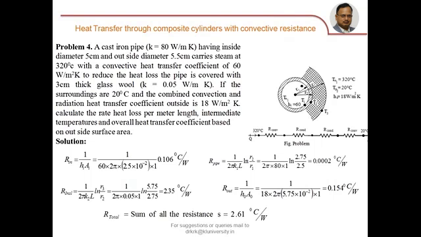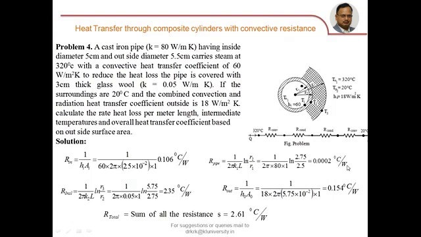So the first resistance offered is convective resistance, given by the formula 1 by h_i A_i. We know h_i, and in convective resistance the area is the surface area 2 pi R1 L. The second resistance offered is the conduction resistance of the pipe wall, so 1 by 2 pi K1 L log R2 by R1.